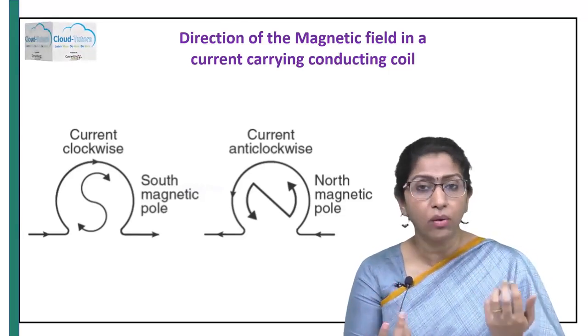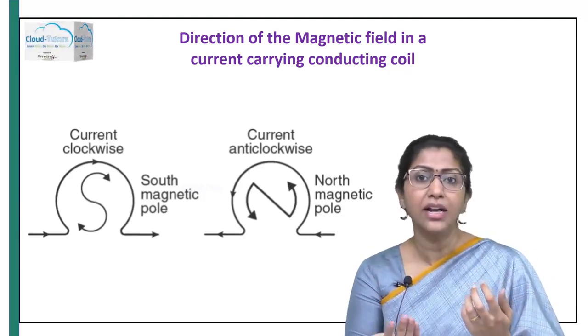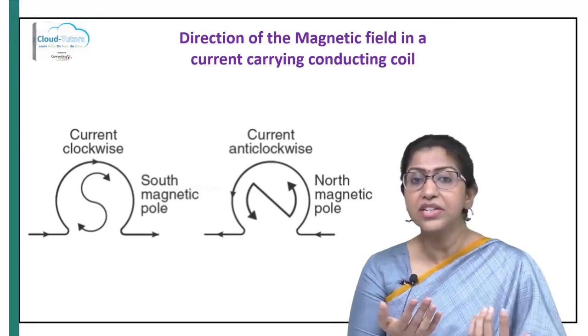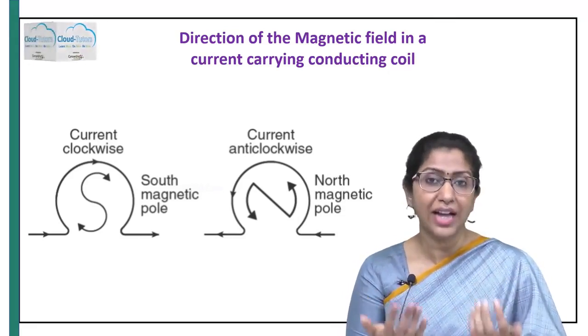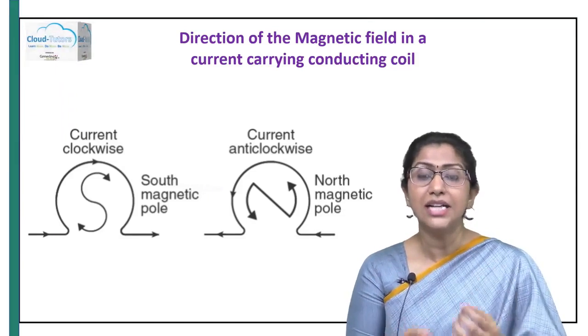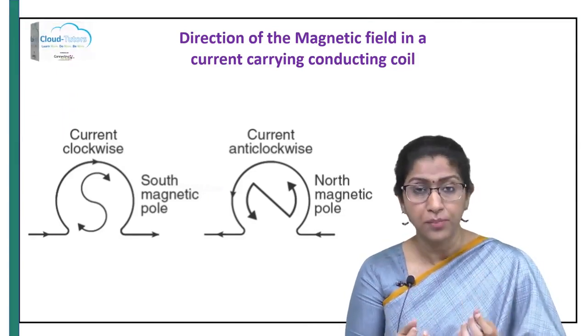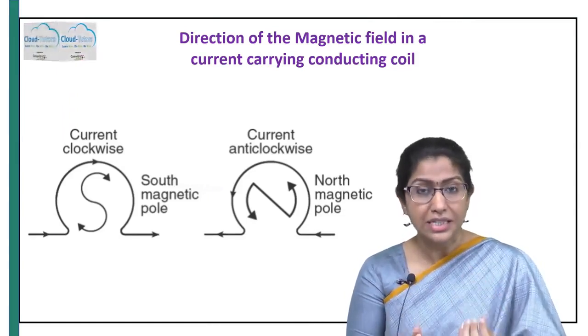So how do we know which face of the coil will have the north pole and which face will have the south pole? For that, we can make use of something called the clock face rule. So what does this clock face rule state?